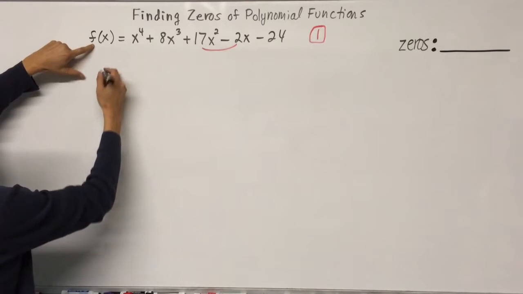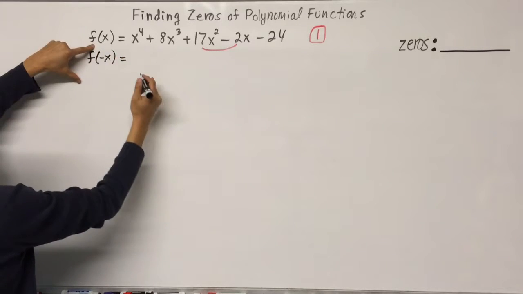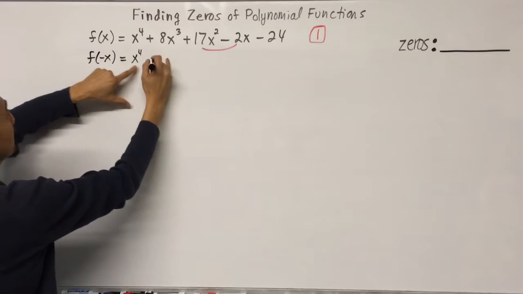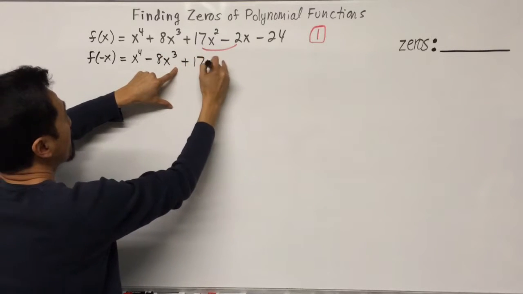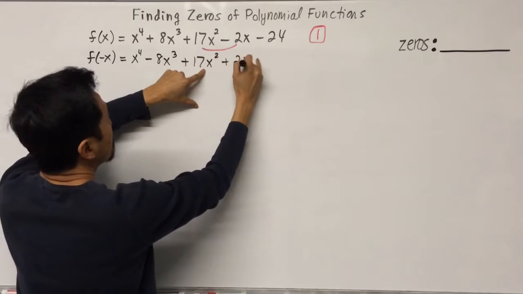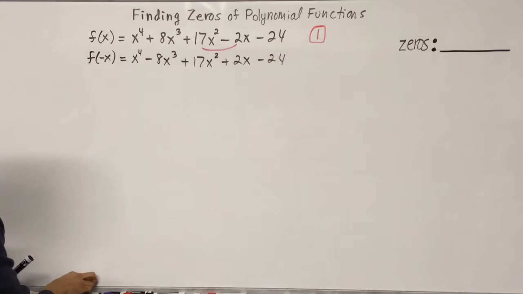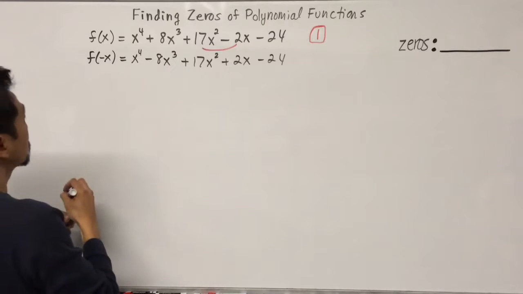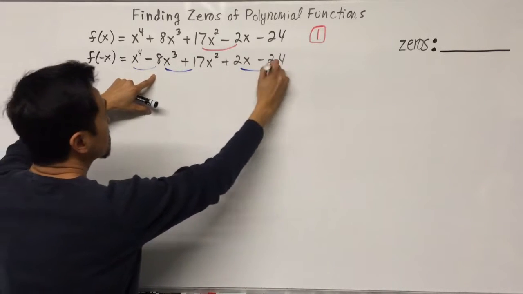look at the sign changes in f of negative x. So that gives me this function here that I'm writing. Okay, and so let's look at the sign changes in f of negative x. There's 1, there's 2, and 3.